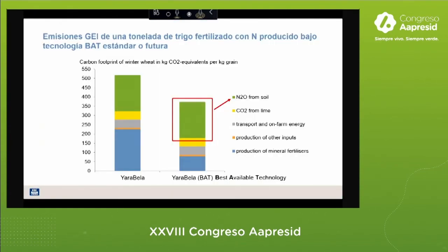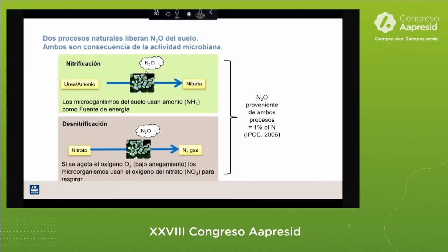The second important source of emissions from an arable farming perspective is the N2O emissions from the soil. And what is this about? Here we talk about microbial processes in the soil that convert certain nitrogen compounds.